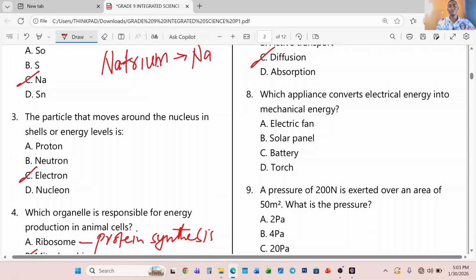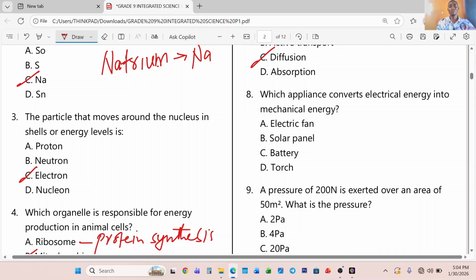Question 8. Which appliance converts electrical energy into mechanical energy? We have electric fan, solar panel, battery, and a torch. Solar panel, we know it converts light energy into electrical energy. A battery converts chemical to electrical.